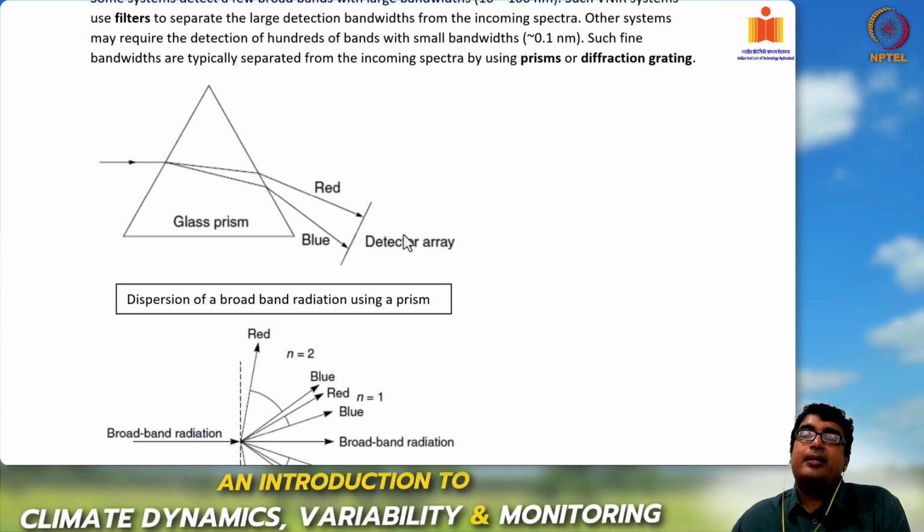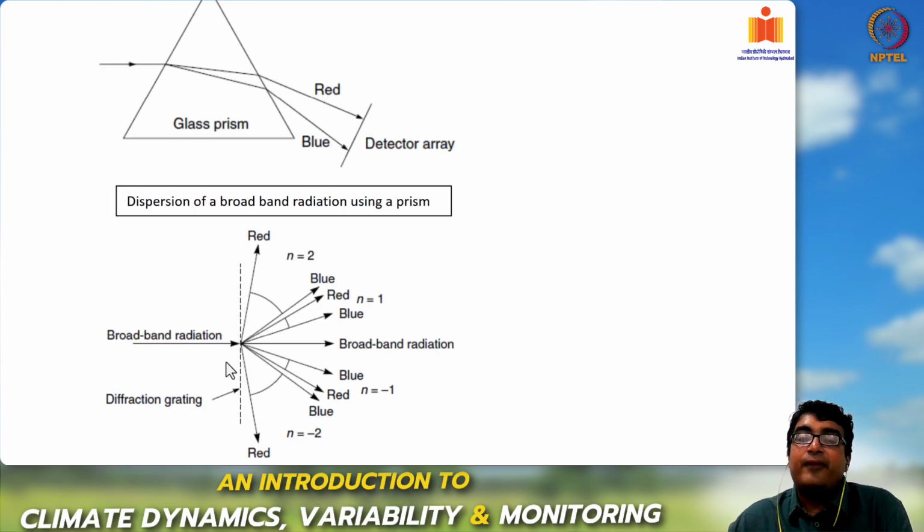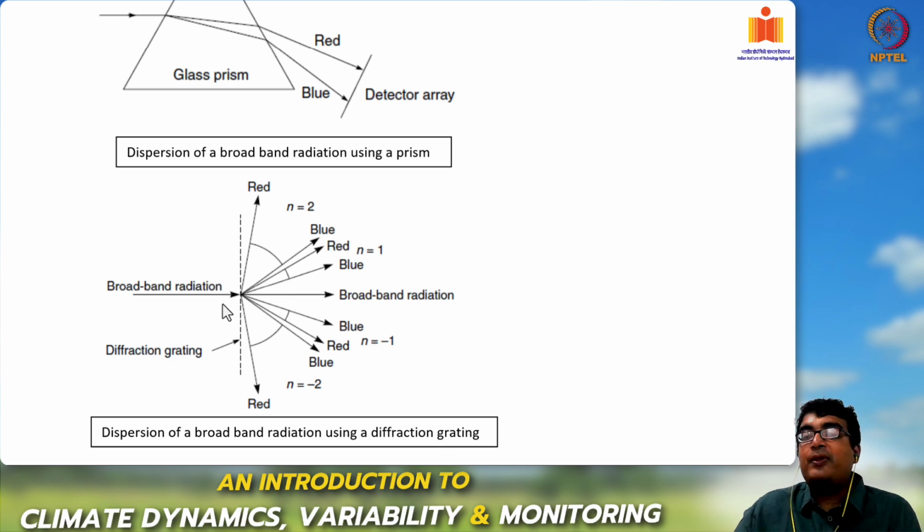An even finer resolution can be obtained through diffraction grating. So, diffraction grating is basically a closely spaced series of lines with small openings between them, which causes interference among the various frequencies of the broadband radiation. Due to this interference, a multicolored spectrum is obtained on either side of the main line.